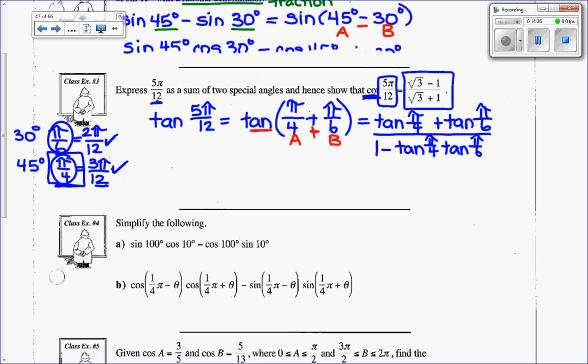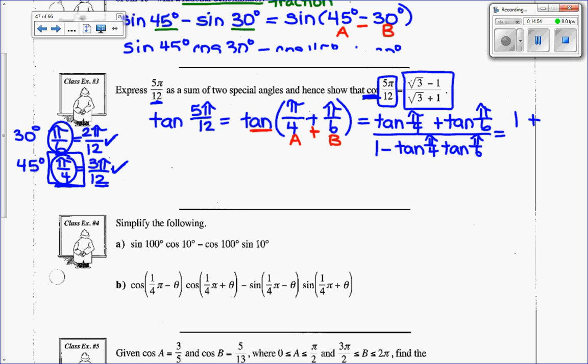Okay, and again, I say that now this is looking pretty nasty, but we just keep doing what we know. We can use our unit circle to figure out what tan of pi over 4 is. That's 1. Yep. And what's tan of pi over 6?